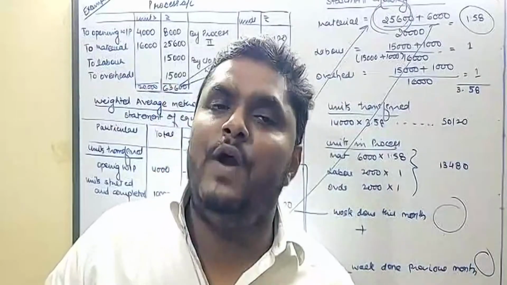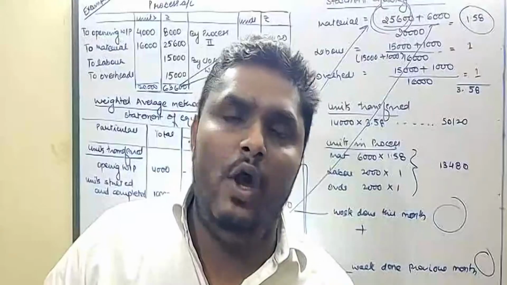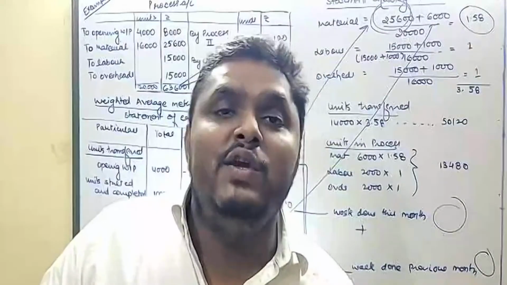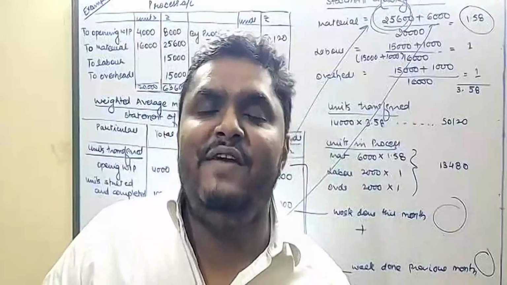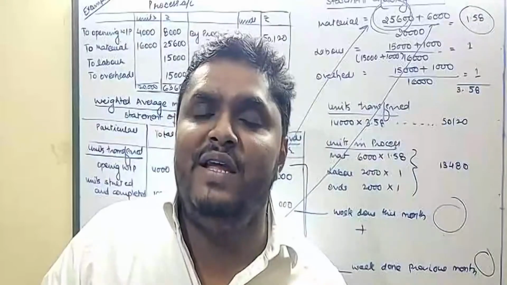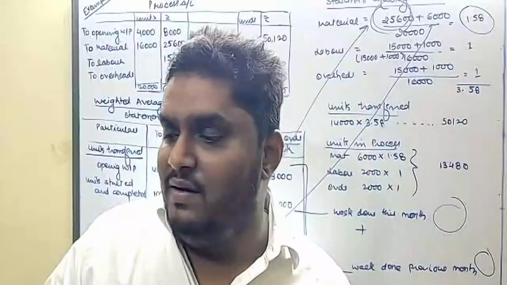If the percentage of completion of opening work in progress is not given in the question, then we can't use the FIFO method. So first check whether the percentage of completion of opening work in progress is given or not.